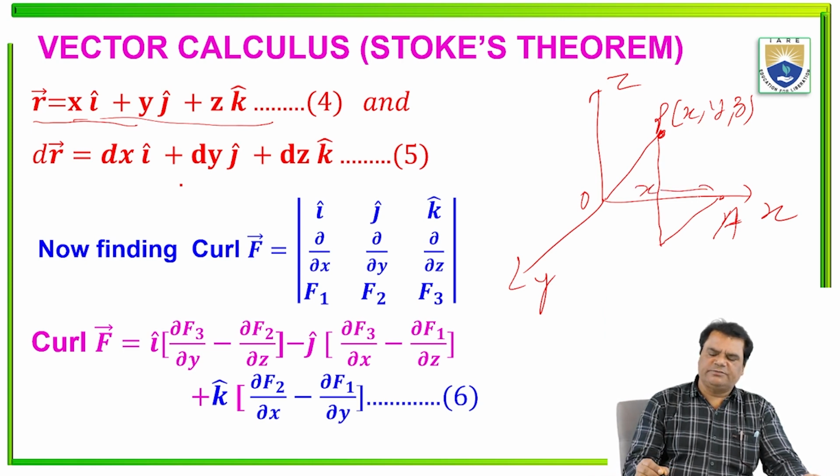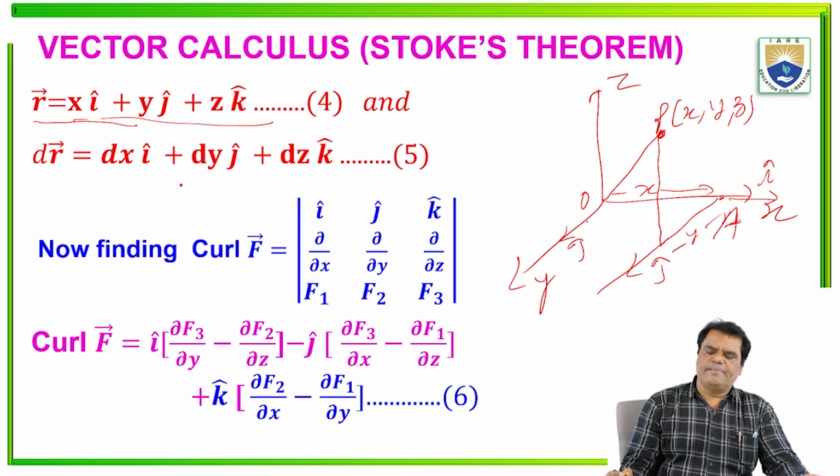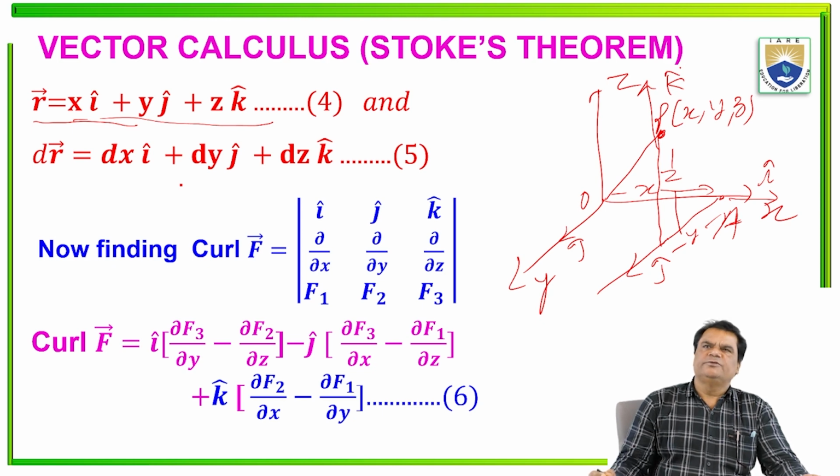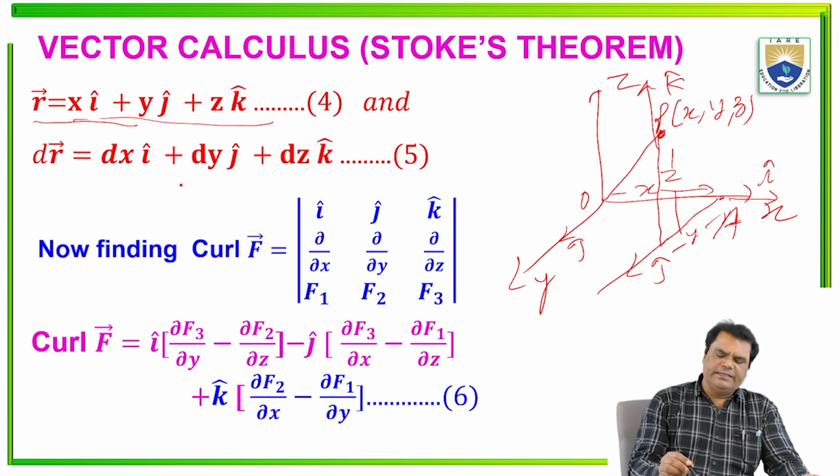This value is x, and along this is i cap. And this value is y, along this is j cap. And this is the value of z, and this is along k cap. So now the vector OP is the r vector.